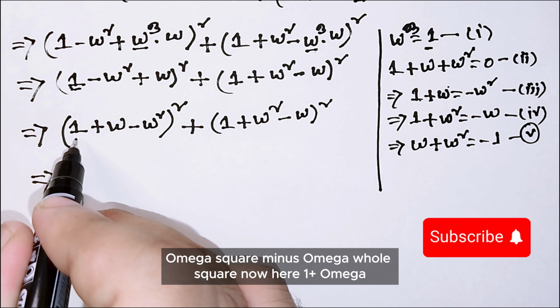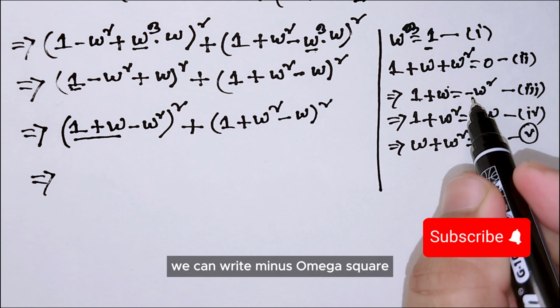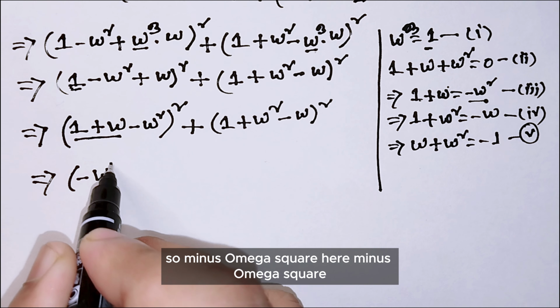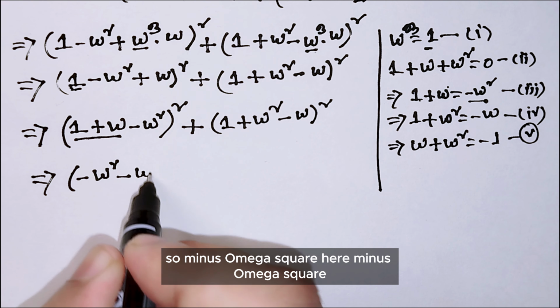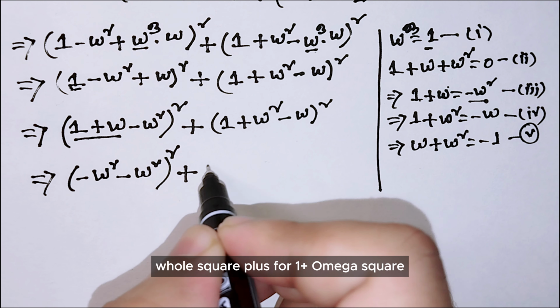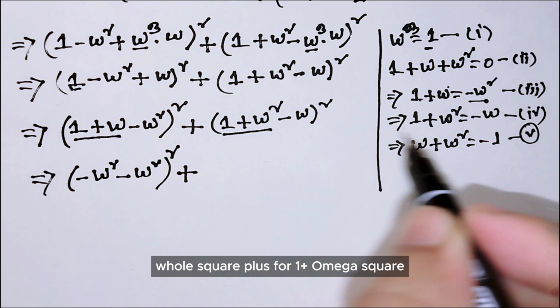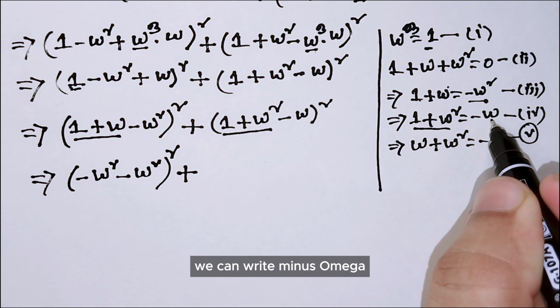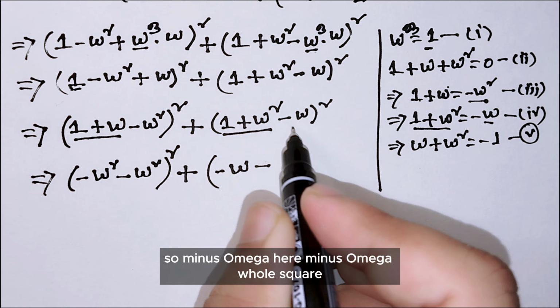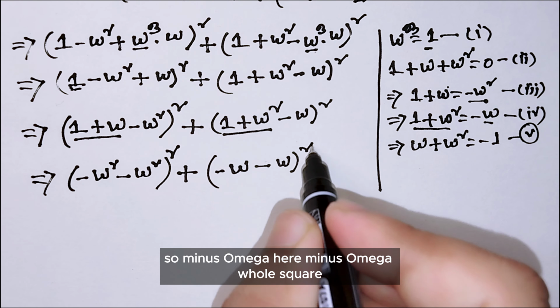Here 1 plus omega we can write as minus omega square, so minus omega square minus omega square, whole square, plus, for 1 plus omega square, we can write minus omega, so minus omega minus omega, whole square.